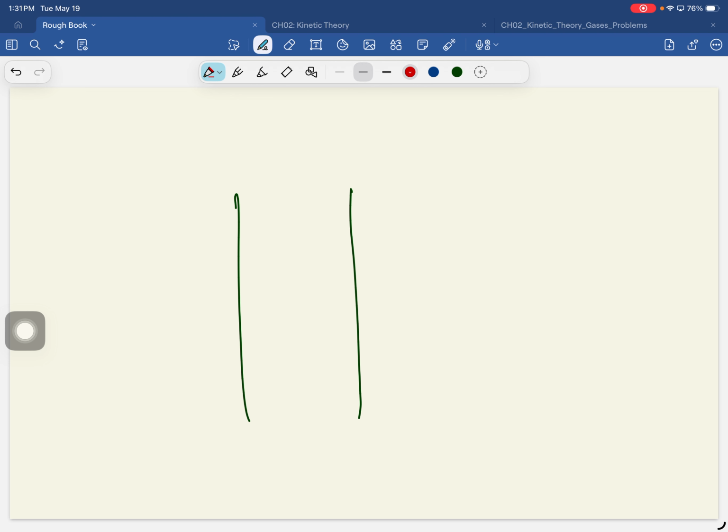This is almost rectangular, so the area under this curve is just the height of the rectangle times the width. So in doing the integral from V1 to V1 plus delta V, it's just the height of the column times the width.